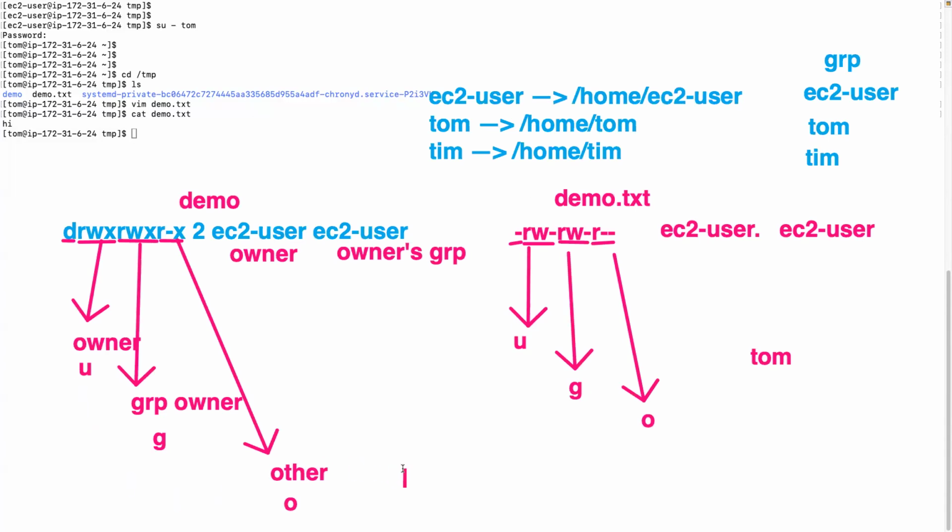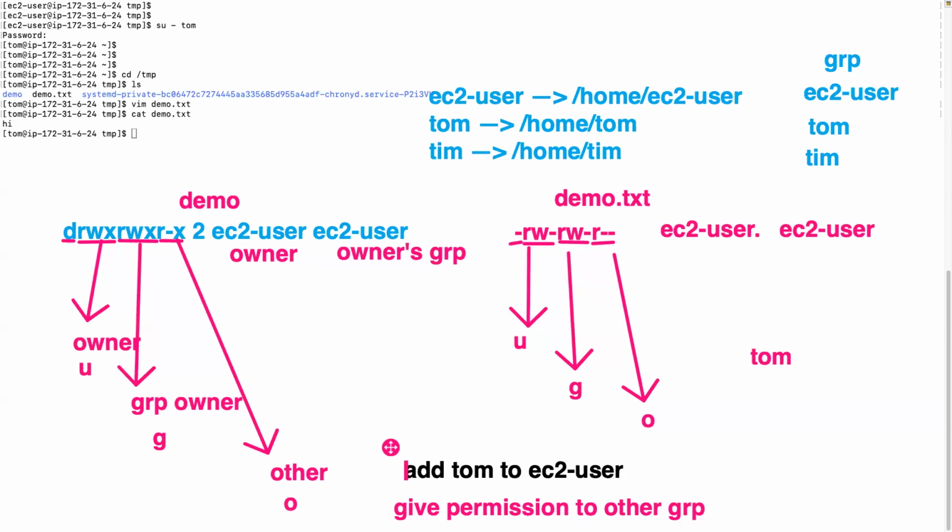One is, because he is in others group, he doesn't have permission, so give permissions to the other group, meaning whoever is in this group will get permissions. Or else another way is to add Tom to the ec2-user group, so that this user group has also got write permissions. Okay, so first let us do the second one, add Tom to the ec2-user group.